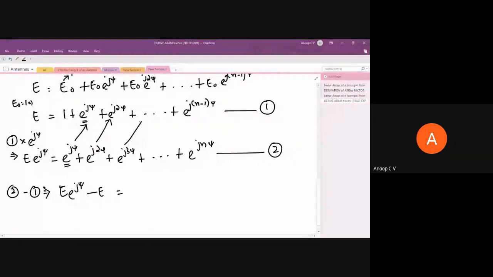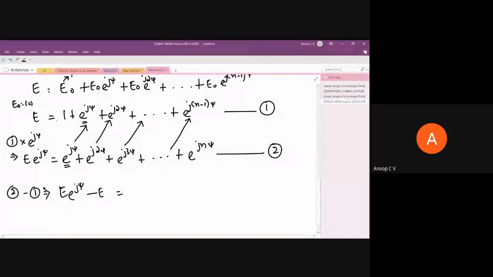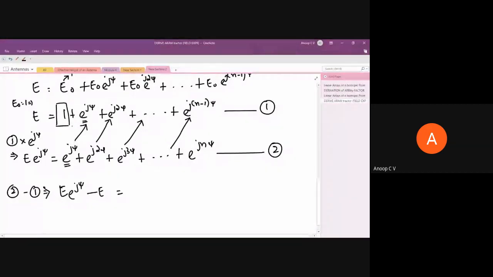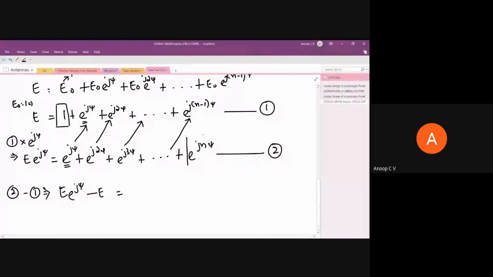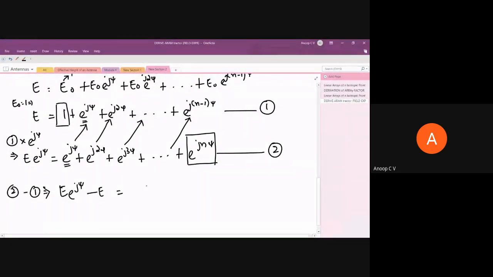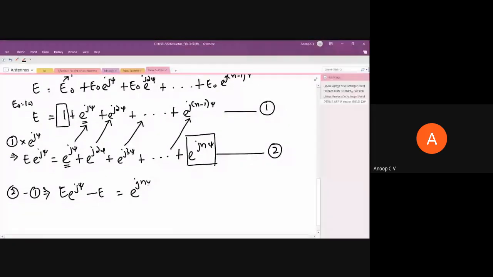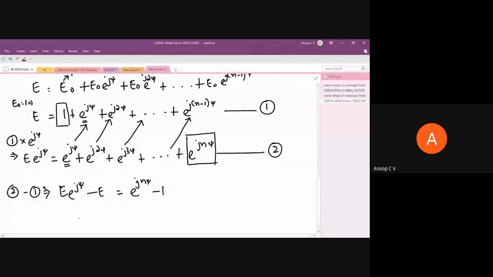E power j 3 psi will get cancelled. And e power j n minus 1 psi and e power j n minus 1 psi will get cancelled. So what will be left out is only this 1 as well as this e power j n psi. Remaining everything will be cancelled out, right? So what will happen is e power j n psi minus 1. This is what we have.